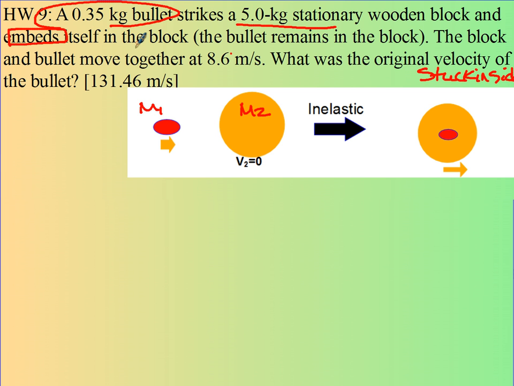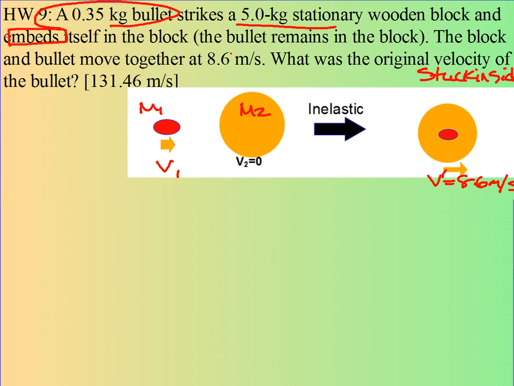You gotta learn to read physics. The block and the bullet move together at V prime, 8.6 meters per second. What was the original velocity of the bullet? So we're looking for V1. Well, this is a little unusual. Go ahead and make your chart up.